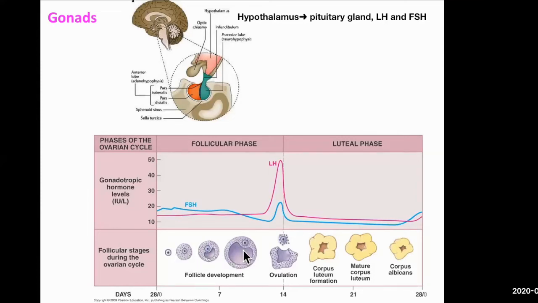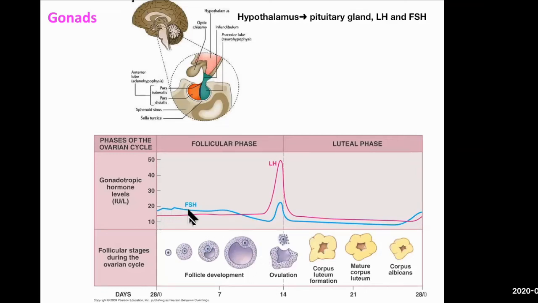There's just a couple of key things. They basically develop, and they're kind of selected. I don't really know how randomly, out of those 300,000 that you have, why 1 or 2 or 3, or how many are selected for maturation at any one time, but some of them do. And they undergo these stages until they undergo ovulation.